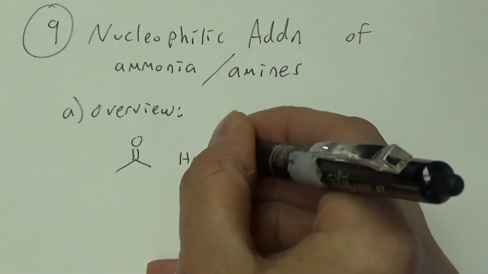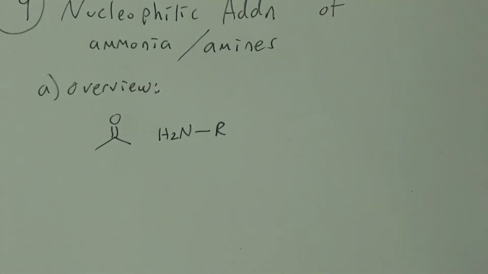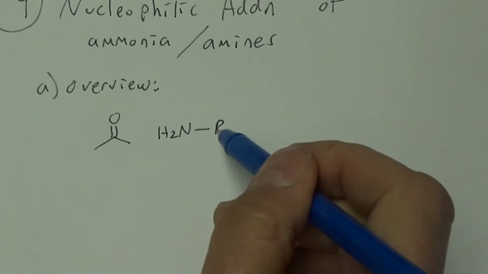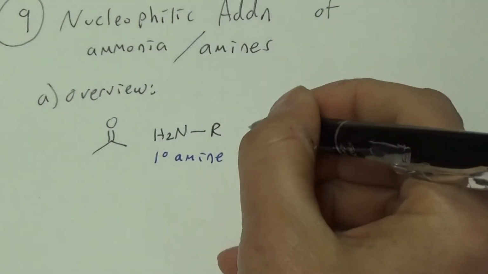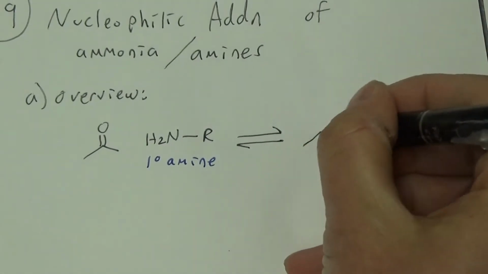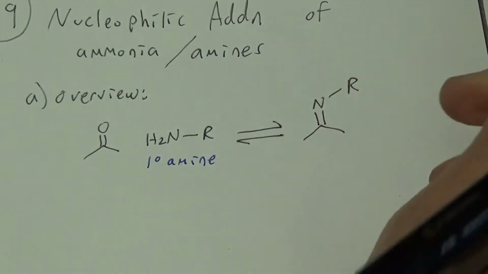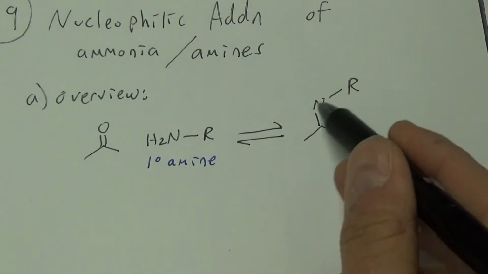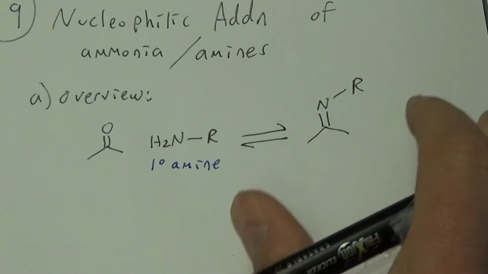If you react a primary amine, so that means one R group, this does an equilibration type mechanism, kind of like the acetal mechanism, and the result is C double bond N, single bond to R, and this has its own funny name.